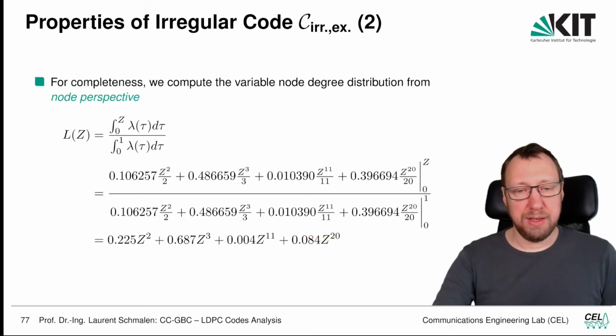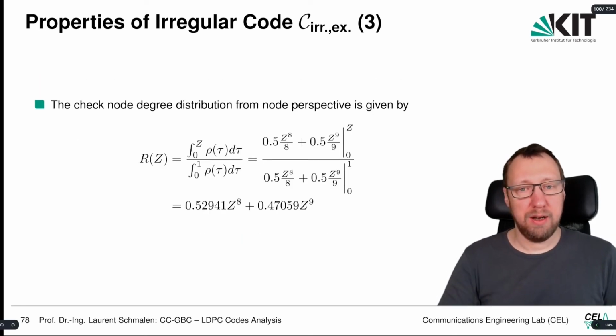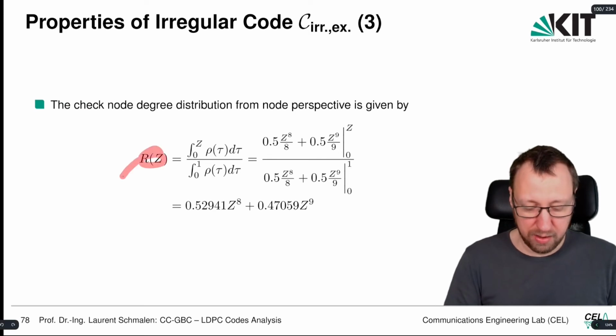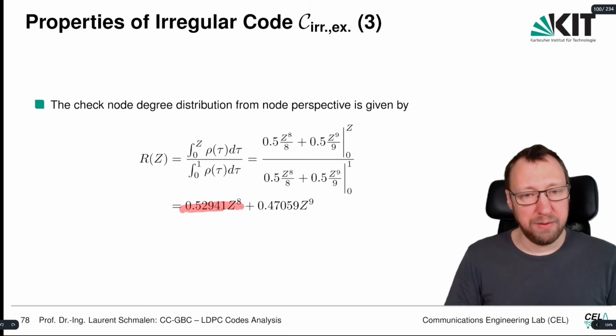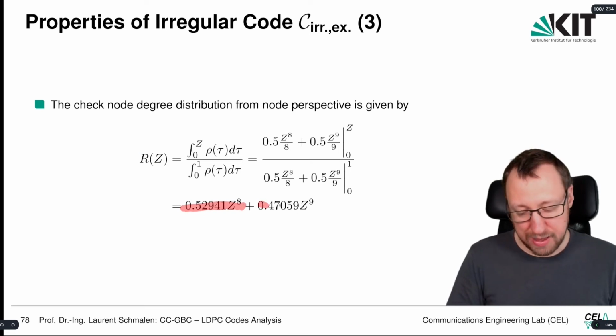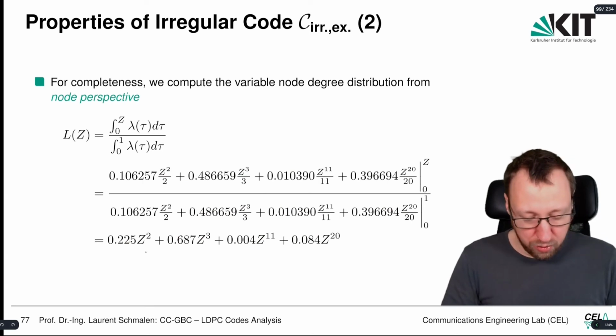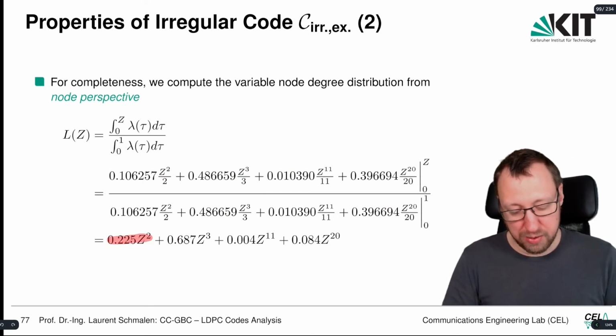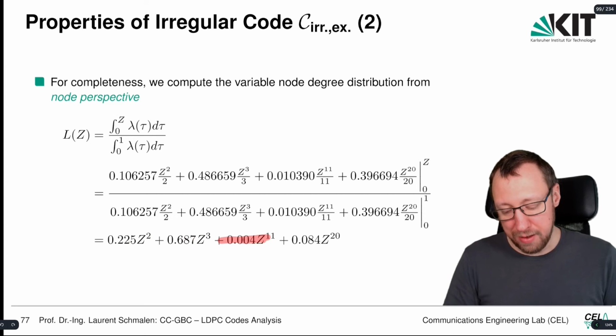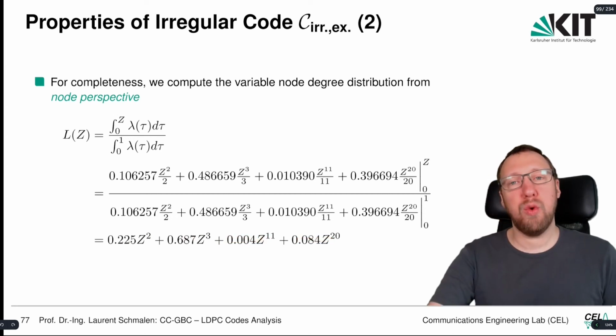With this, we can also calculate R of z. So we see that 52% of the check nodes have degree 8 and 47% of the check nodes have degree 9. Here we had 22.5% of the variable nodes of degree 2, 68.7% of variable nodes of degree 3, 0.4% of degree 11, and 8.4% of degree 20.